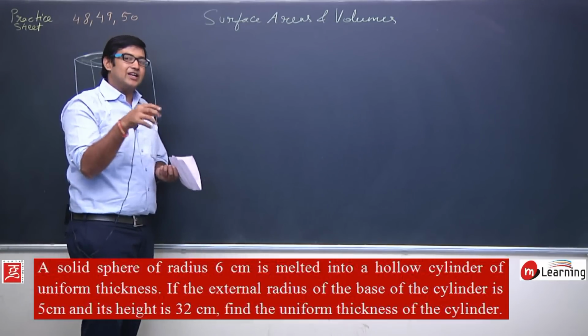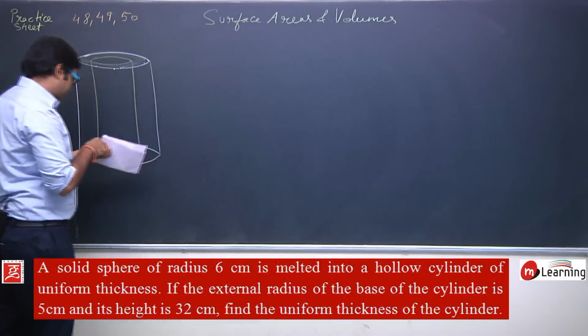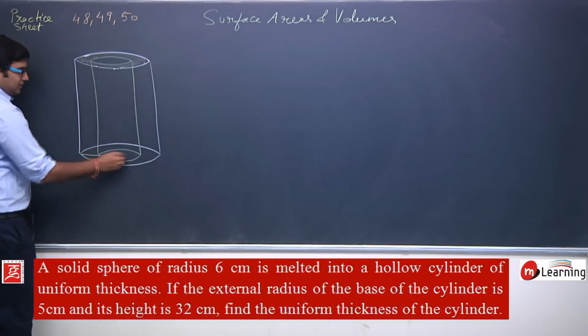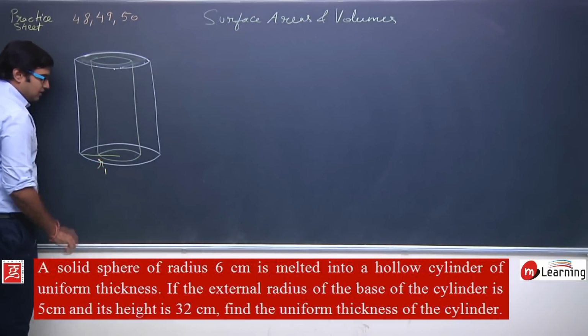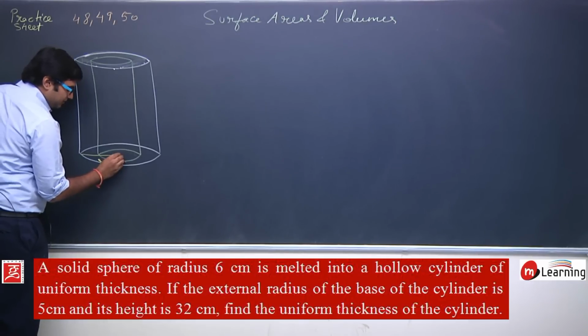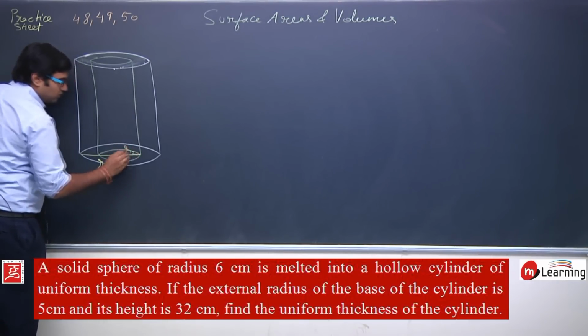Okay, so it's a cylinder of a well defined thickness. This cylinder has some thickness. Let us say the external radius of this cylinder is R1 and the internal radius, let us say we mark it here, is R2.